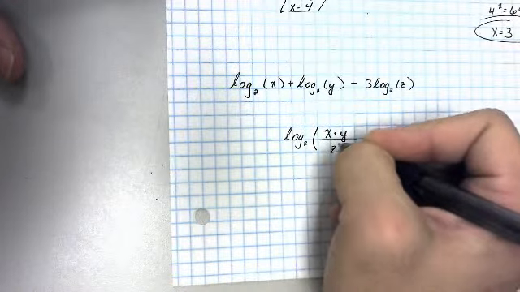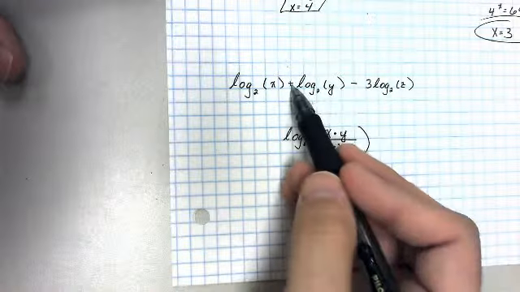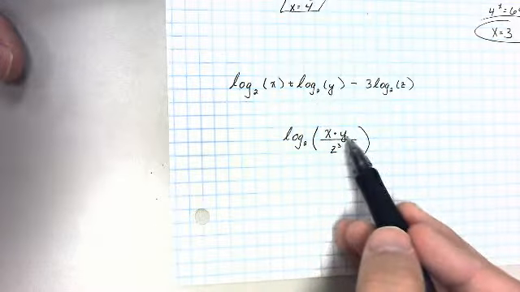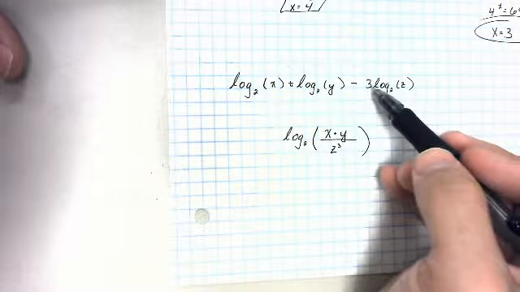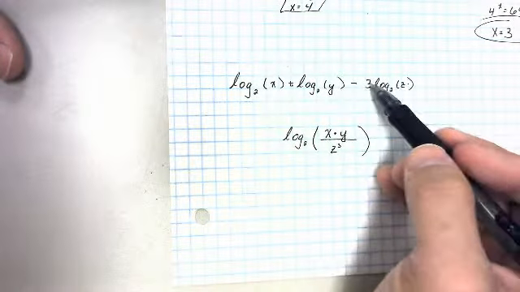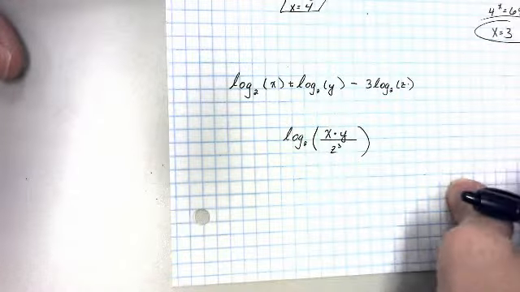And the reason that I can get that is because the addition between the logs is the same thing as multiplication within the log, and the 3 coefficient is really an exponent on the z, and subtraction means that I'm dividing within.